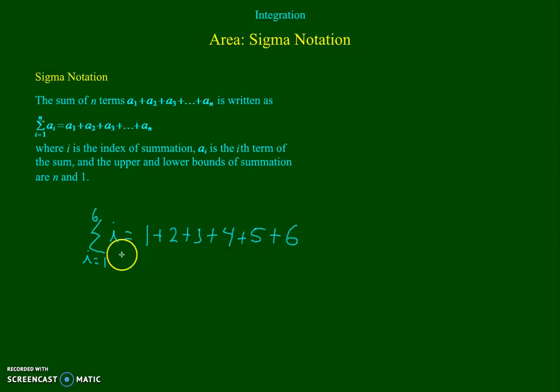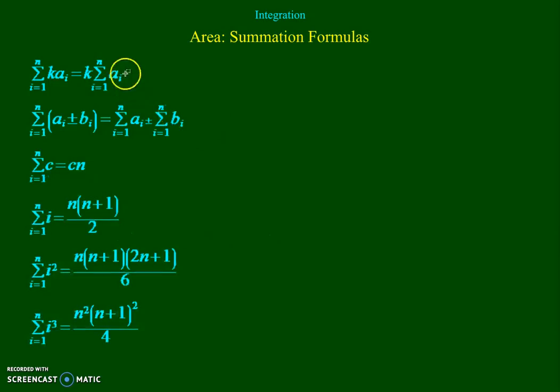Now, obviously this would be very, very tedious to handle if we had multiple terms and multiple expressions that we were summing across. So we have several rules or formulas that allow us to perform these summations a little bit easier. Now here we have several formulas that we're going to be using, and let's just take them one at a time.